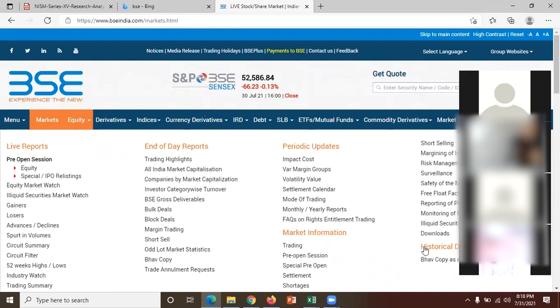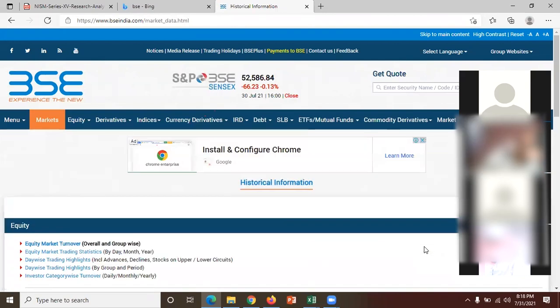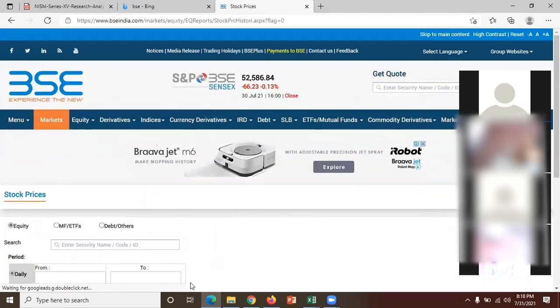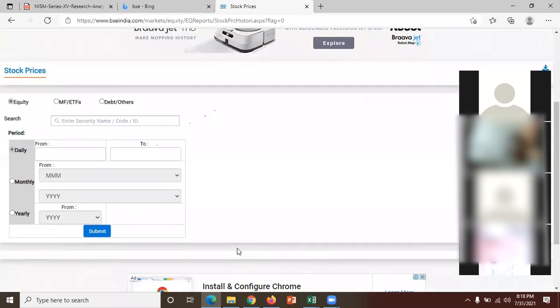You have to click on historical data, not the bhav copy. Then below it you have the equity market capitalization, and below that historical stock prices. Click on it, and you just need to enter the name of the security and the time period and submit it. Yes ma'am, thank you ma'am.